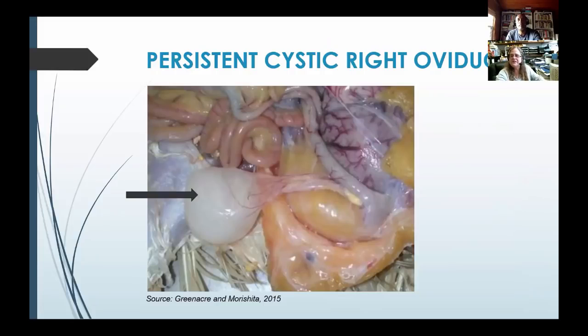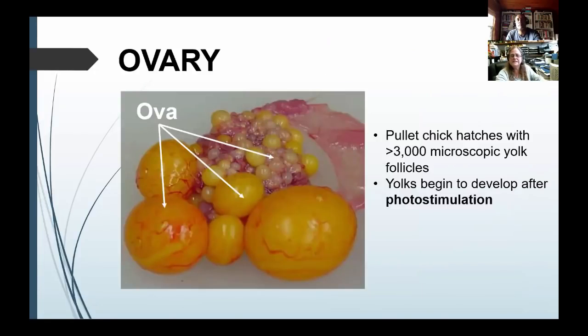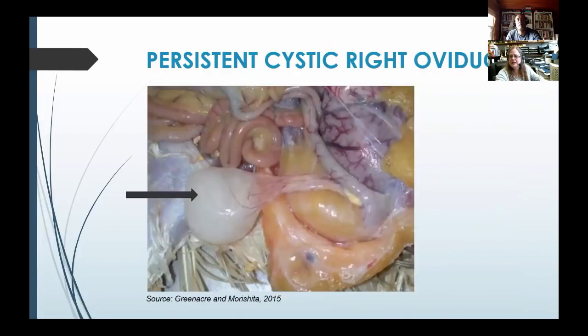The cysts can vary anywhere from barely perceptible to 15 to 20 centimeters in diameter. An increased incidence has been seen in flocks after an infectious bronchitis outbreak. Oviductal cysts are necropsy findings that rarely, if ever, affect the flock performance, but you may see that if you open up your chicken to see what's going on after it died.